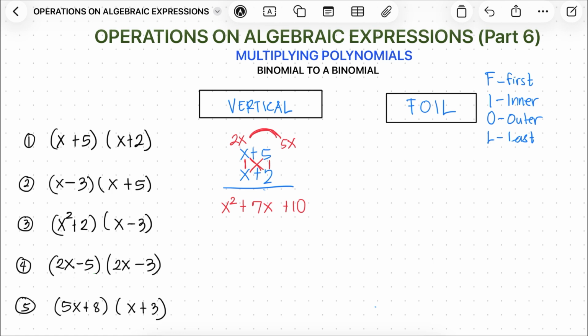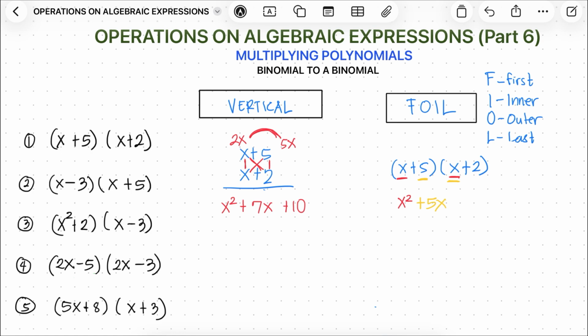Okay, using the FOIL, we have x plus 5 times x plus 2. So first terms refers to x times x, so that is x squared. Next is the inner terms. It refers to 5 and x, so that is 5 times x, it's 5x.